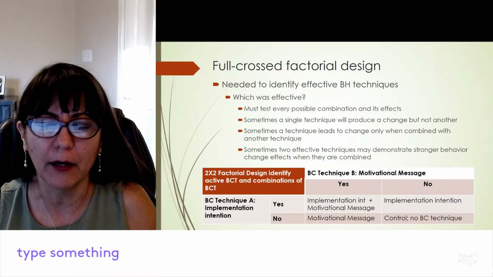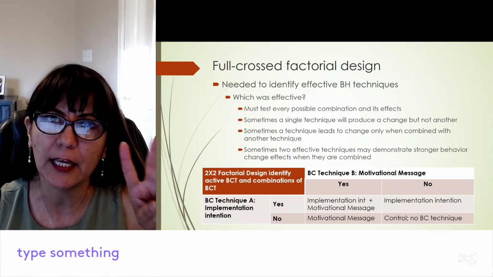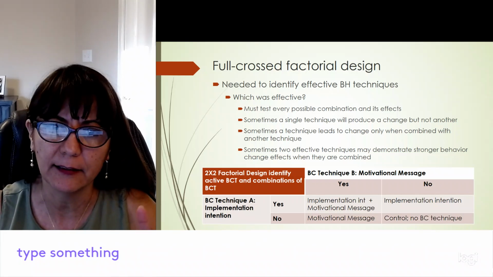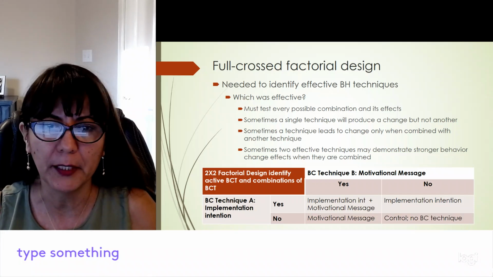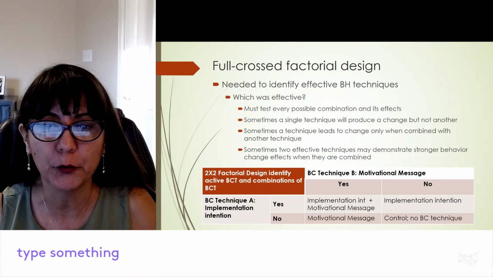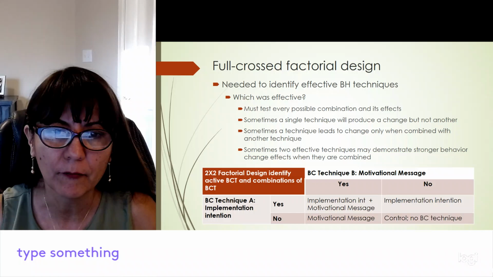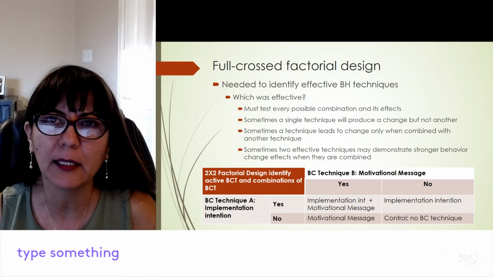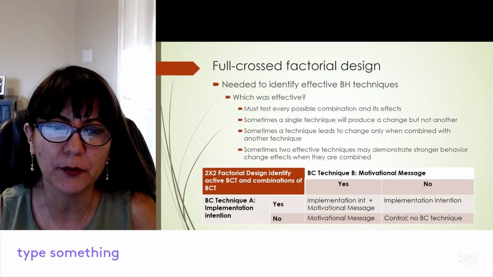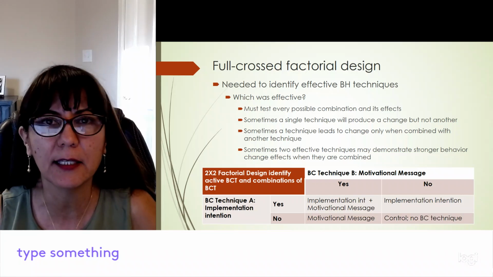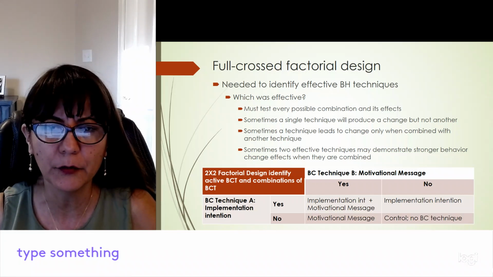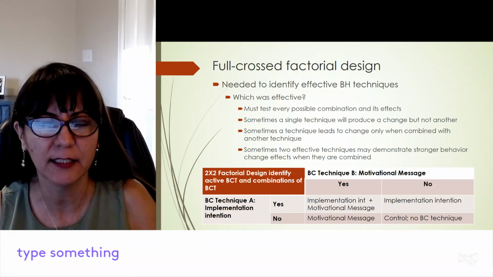assume that we are conducting an intervention that has two behavior change techniques. One technique would be to use motivational messaging, and then the other one would be to use implementation intention. Okay, so those are our two techniques.